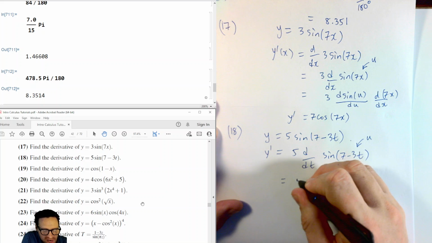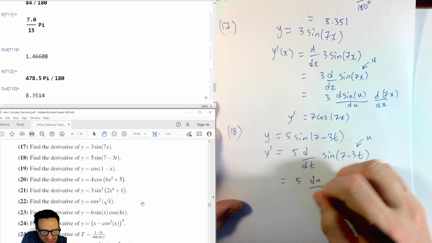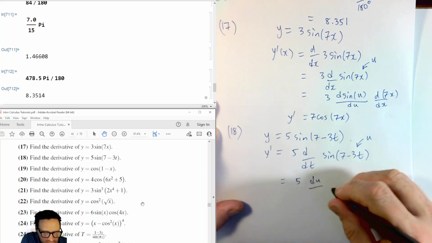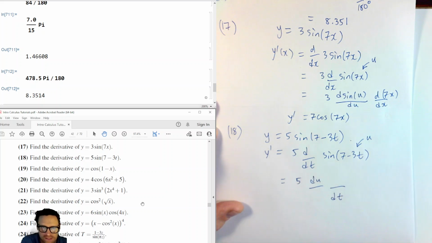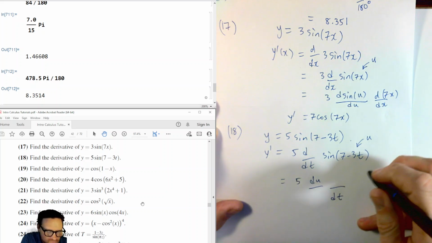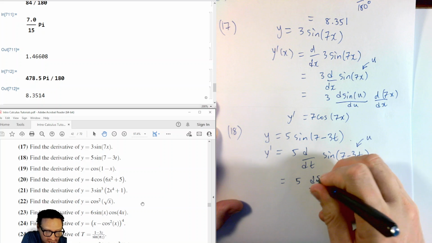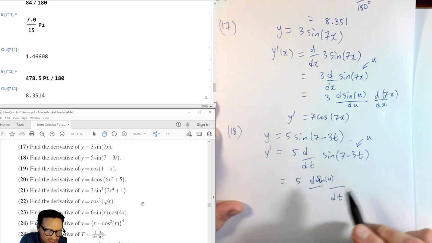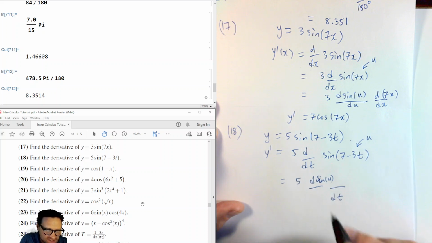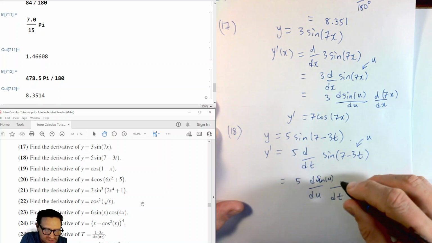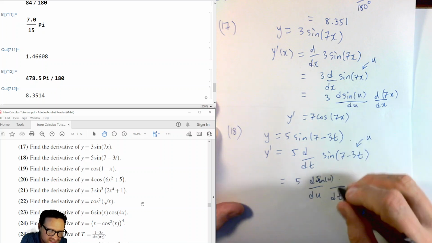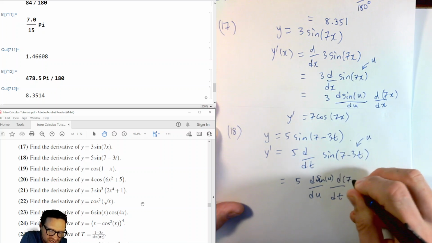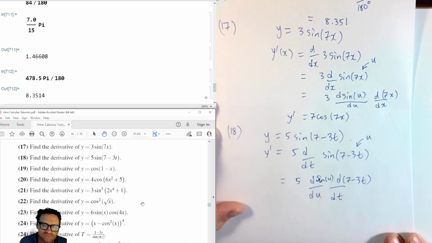So using the chain rule, this is d sine u on dt. Now I can introduce a du here and here, but u is 7 minus 3t.